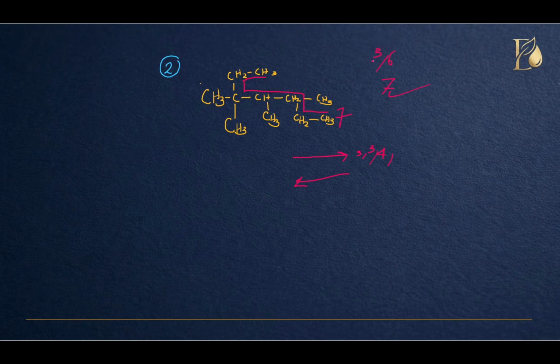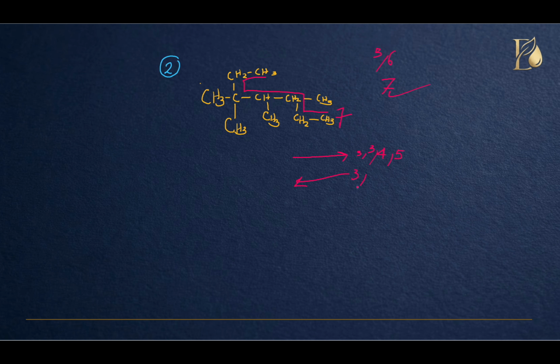Then which is the next one? There is another substituent at the 5th position, right? So totally these will be the positions. But if, instead of that, we start from right to left, what will be the positions? 1, 2, 3. At the 3rd position there is a carbon atom.